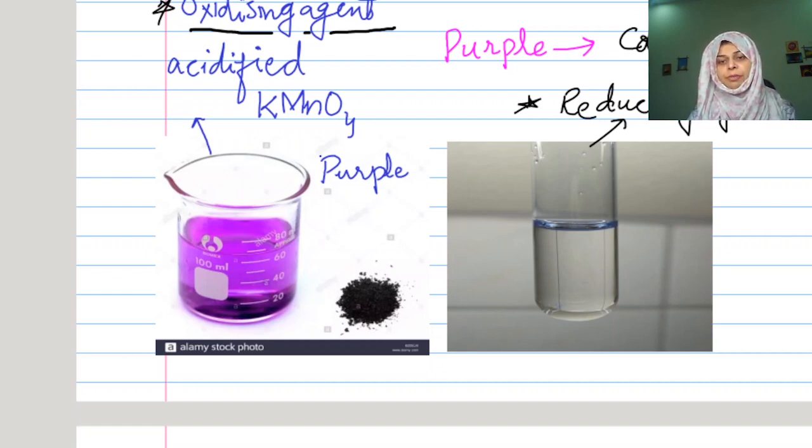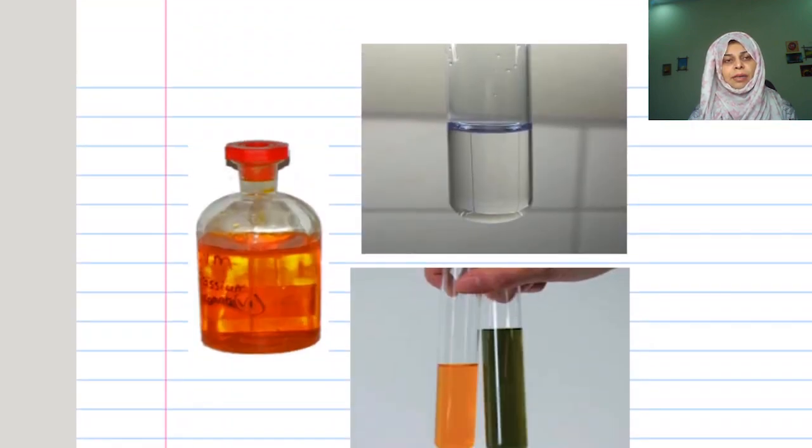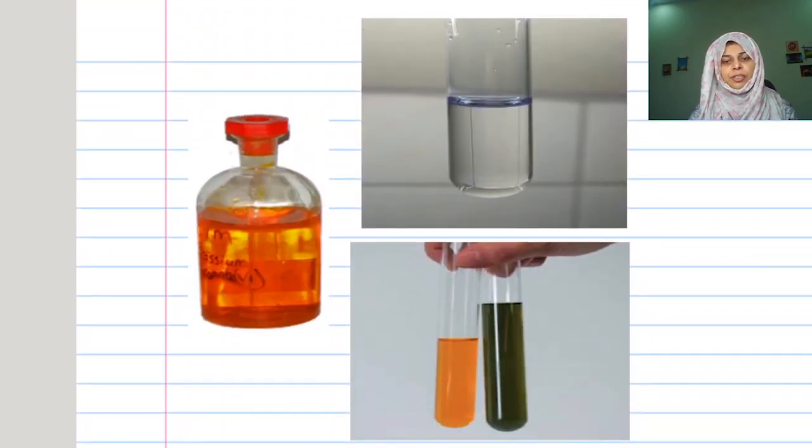And further, we will use another oxidizing agent, the acidified potassium dichromate, K2Cr2O7.